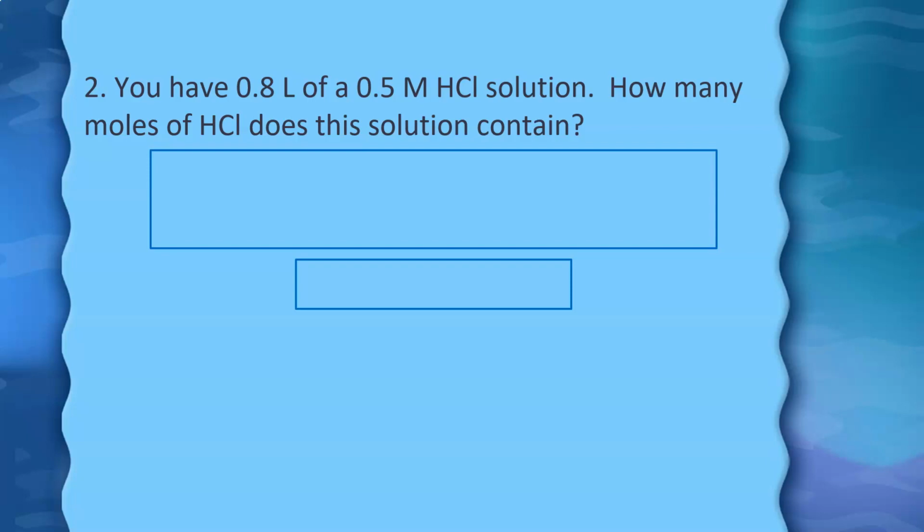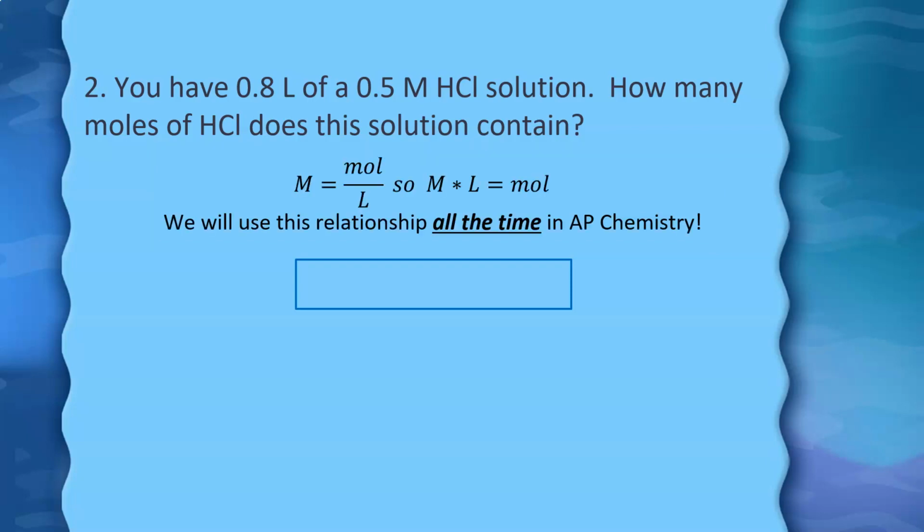So if I think about the fact that big M is equal to moles over liters, then I can solve this equation to get moles by itself. I'd have to multiply both sides by liters. So molarity times liters is equal to a number of moles.